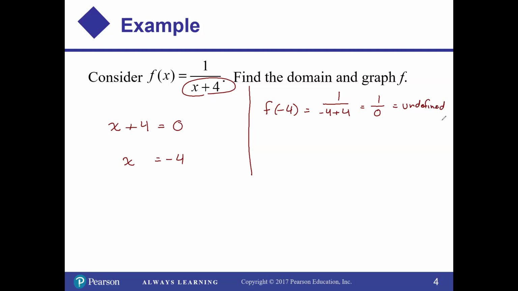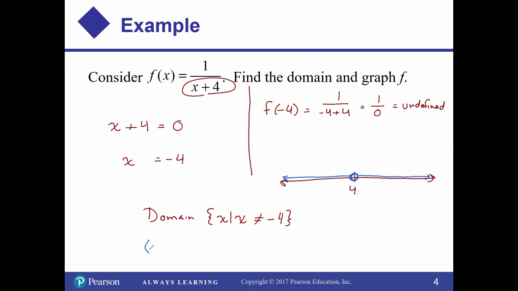For a number to be in my domain means that I can plug in the value and it's going to be defined. So my domain would have to consist of all numbers with the exception of -4, because that is the one for which the function is undefined. In interval notation, I have an empty spot at -4, but I cover the rest of the number line.